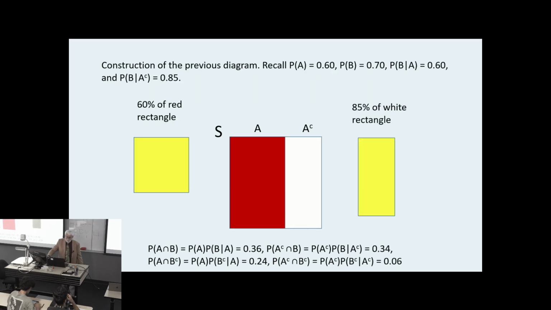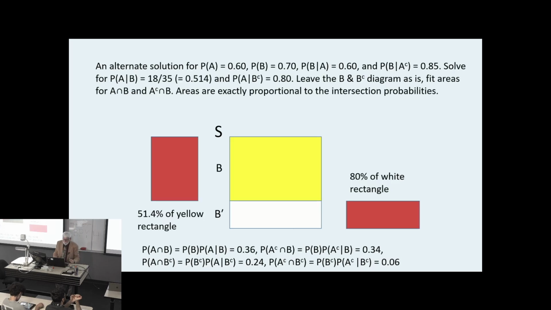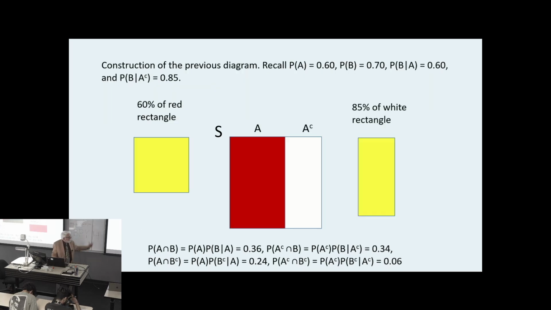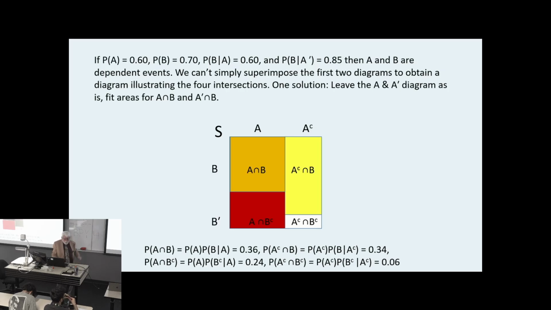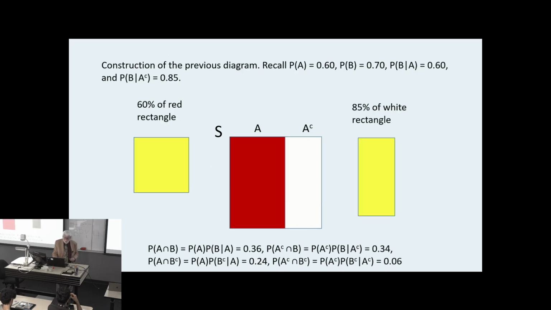So what I did was I started off by drawing an A and an A complement, but then for A I take 60% of the red triangle, and for A complement I take 85% of the white triangle, and then I overlay them to get this one here. An alternative solution, so that was the previous diagram.